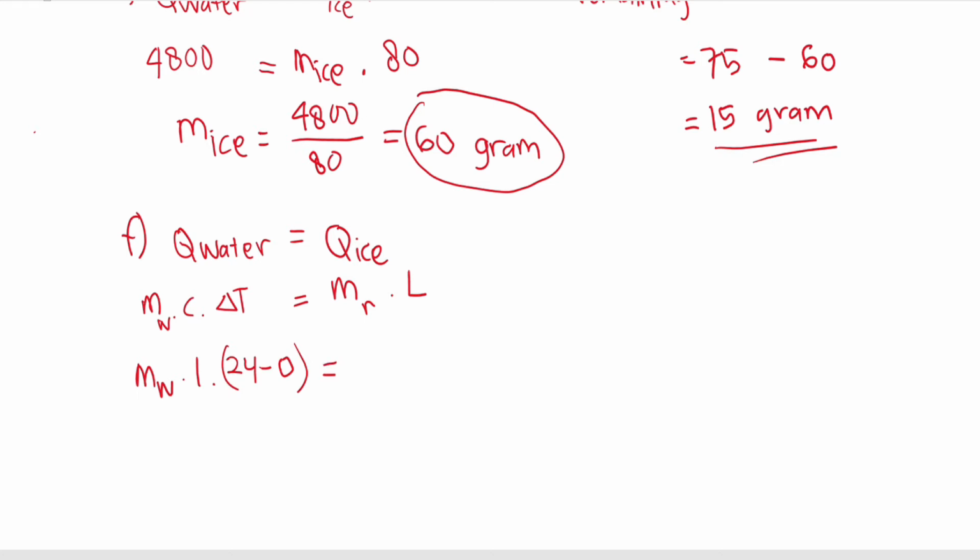Okay, and then the mass of ice remaining is 15 grams times the specific latent heat of fusion of ice, which is 80.